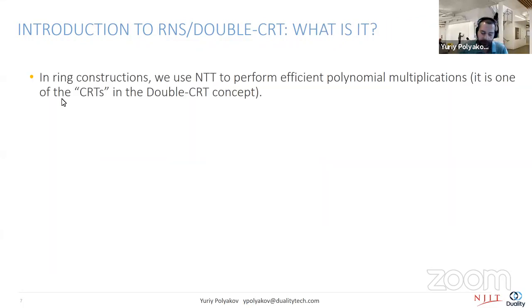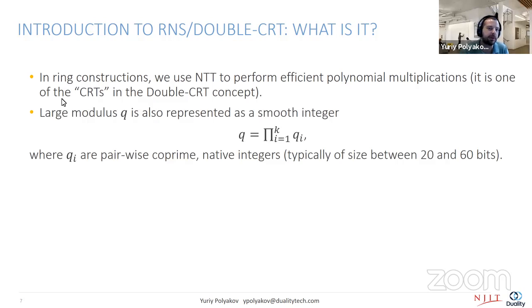Since the two advances we're going to present are very specific to BFV and CKKS, and are based on RNS, we want to very briefly explain what double CRT is, what RNS is. In ring constructions, we typically use the number theoretic transform to perform efficient polynomial multiplication. So one of the two CRTs in this double CRT concept refers to the polynomial entity.